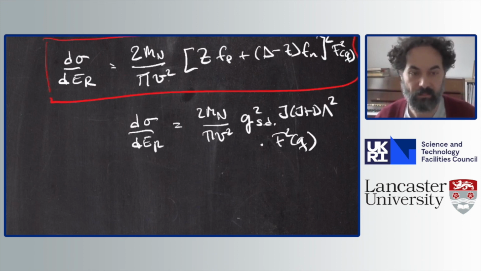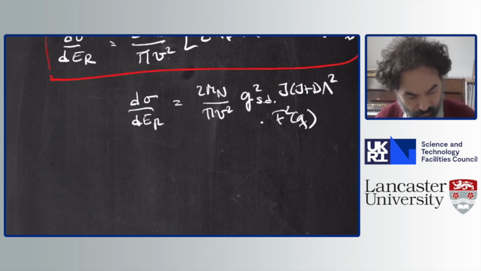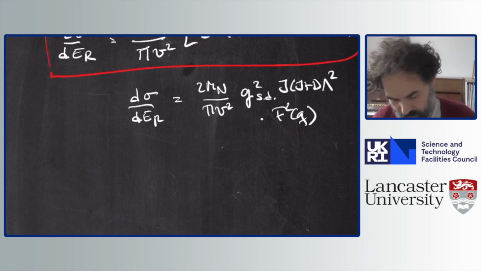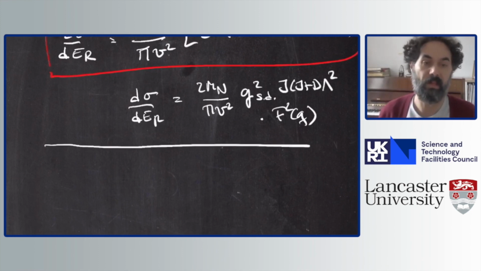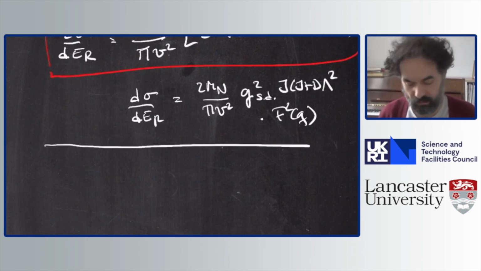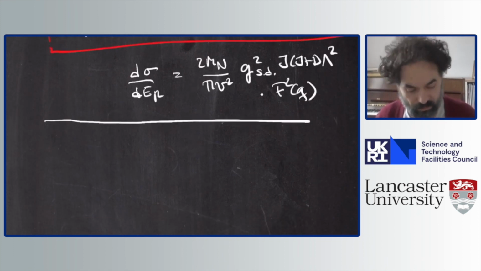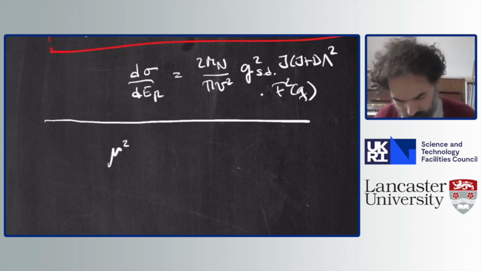And finally, write things in terms of the cross section that is plotted in the searches for dark matter, which is not this one, but this one. This is the cross section that people like: the cross section per nucleon.